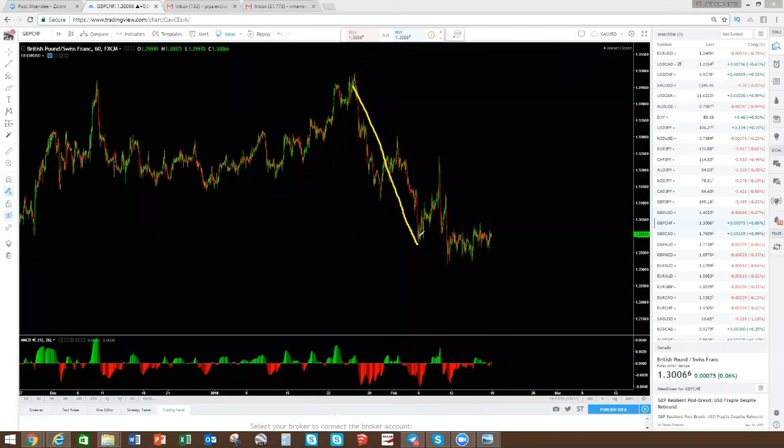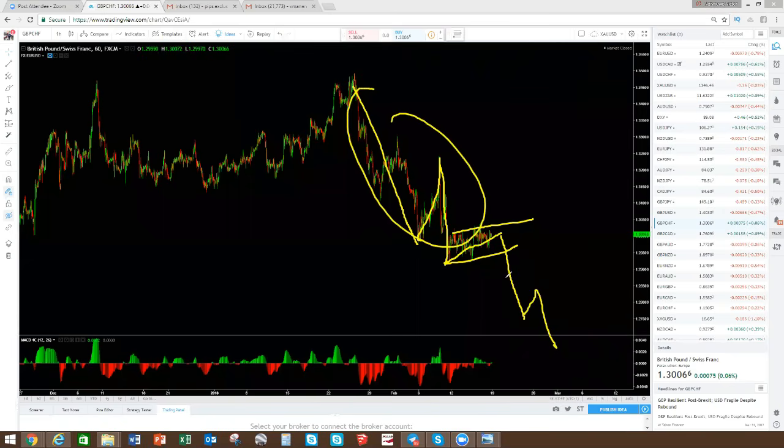We've got 1, 2, 3, a big correction. 1 could be a 2, could be another 3. So if this breaks to the downside, it's a nice trade to the downside. So you need to watch this corrective structure. Right now, I'm gonna go into this corrective structure and see how it's playing out. If this breaks to the downside, you're gonna get a nice trade to the downside, something similar in size to that for downside.